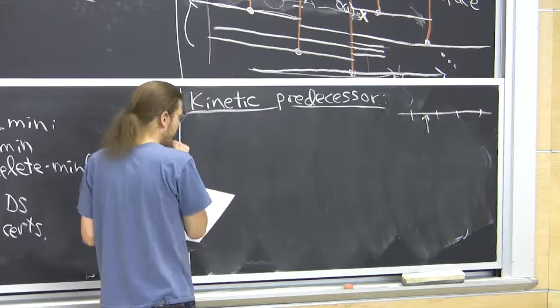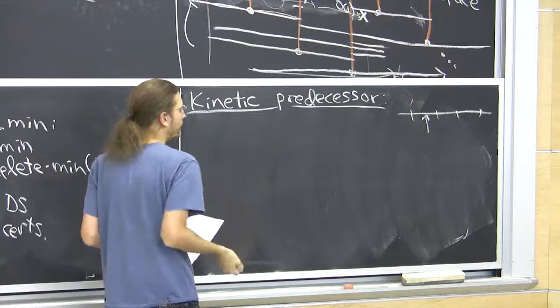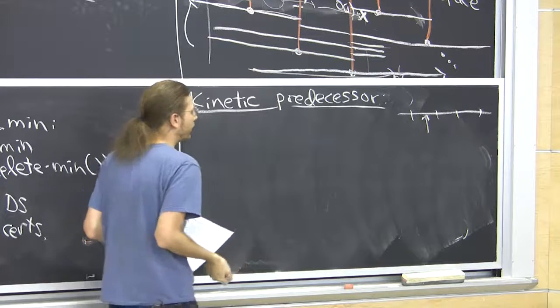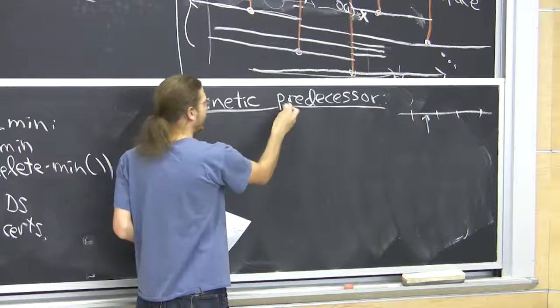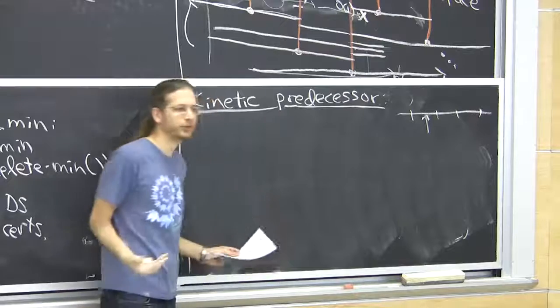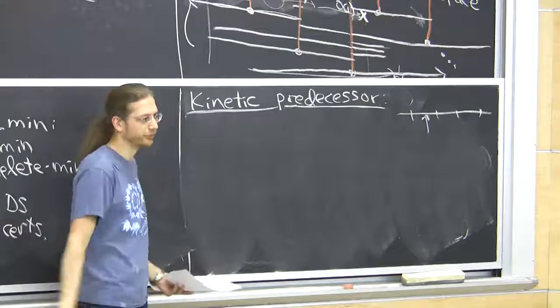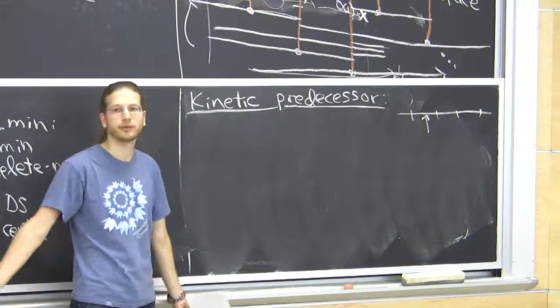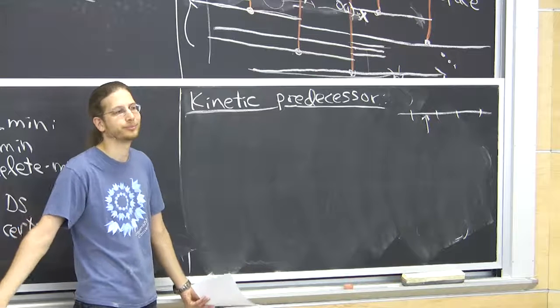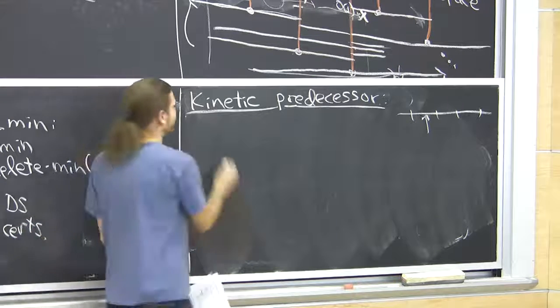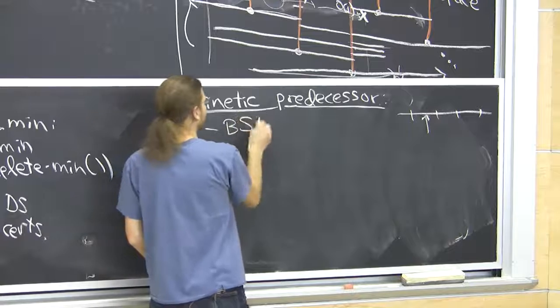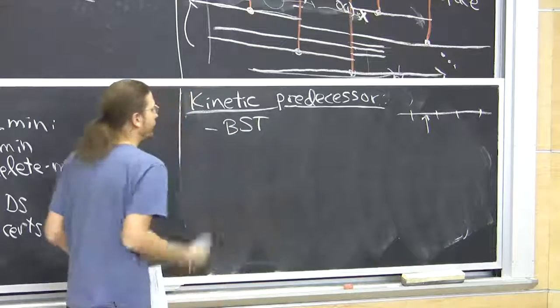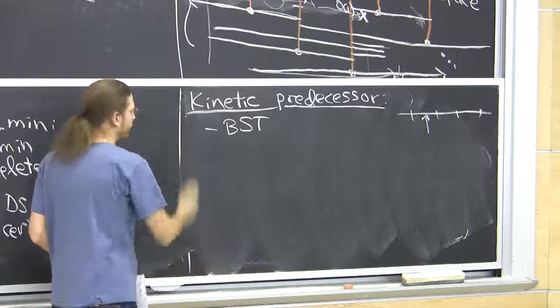How do we maintain this? This is a problem we'll be studying a lot in this class, but the basic structure for solving predecessor, insert, delete is a binary search tree. A balanced binary search tree, so let's use log n height, AVL trees, whatever.